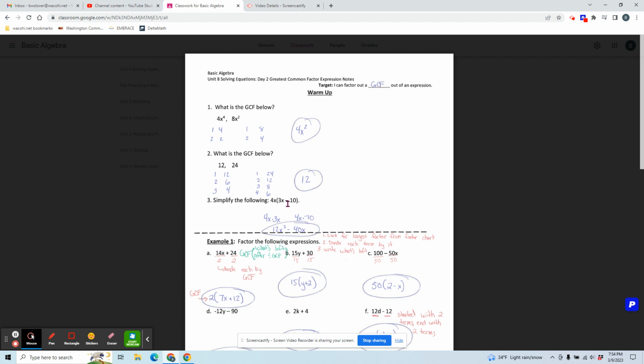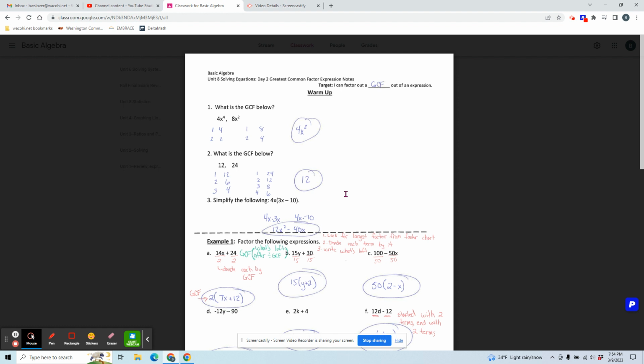Just like every operation has an inverse, addition, there's subtraction, multiplication, there's division, squaring, there's square rooting. For distributing, there's factoring, and that's what we're doing today. We're going to start with this 12x squared minus 40x, and end with 4x times the quantity 3x minus 10.